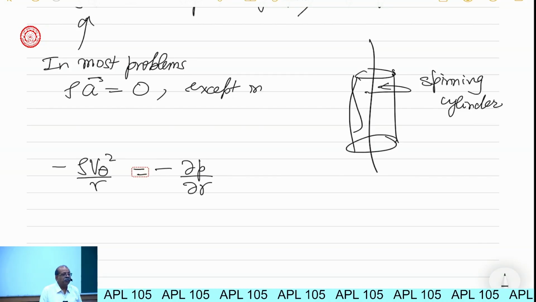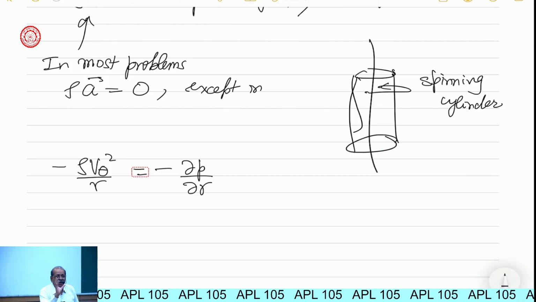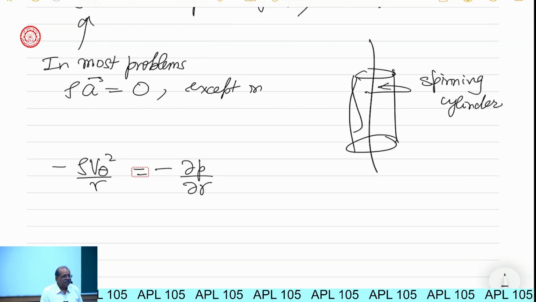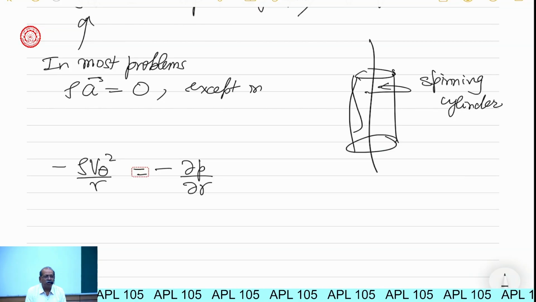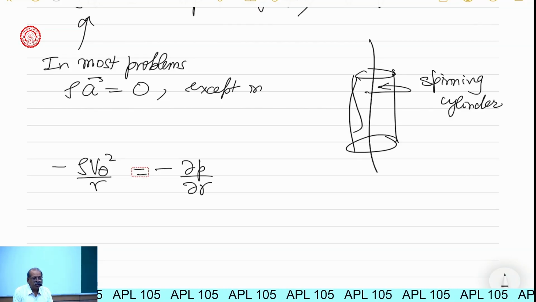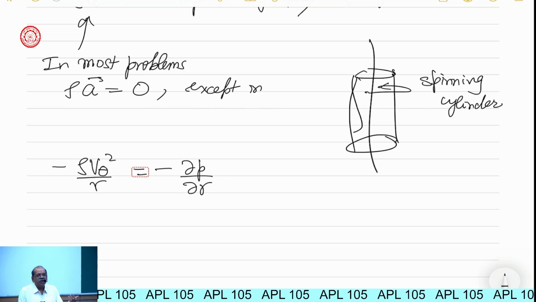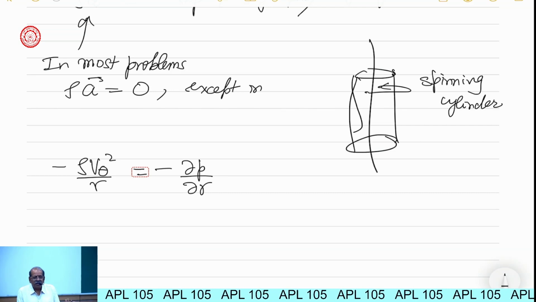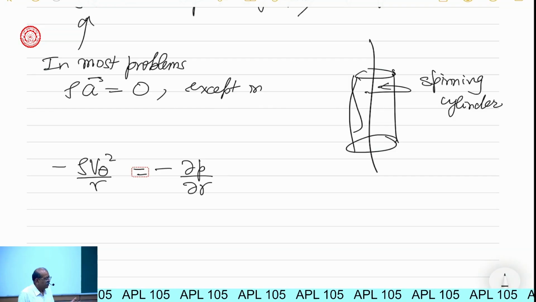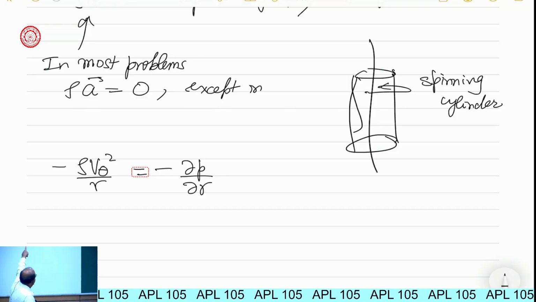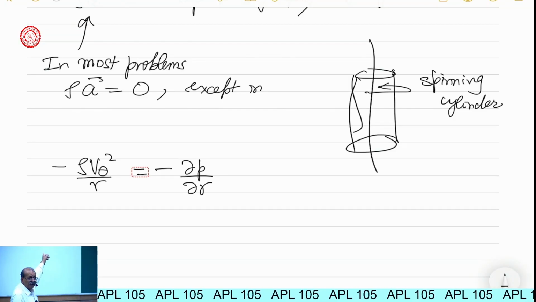Why should it not be surprising? Because if you have a spinning body, then even if it is spinning at a constant omega, the acceleration of particles is not 0. Acceleration is rho omega square R if it was a rigid body, isn't it? And that is what is being shown here. Rho V theta square upon R is nothing but rho omega square R if it was a rigid body.